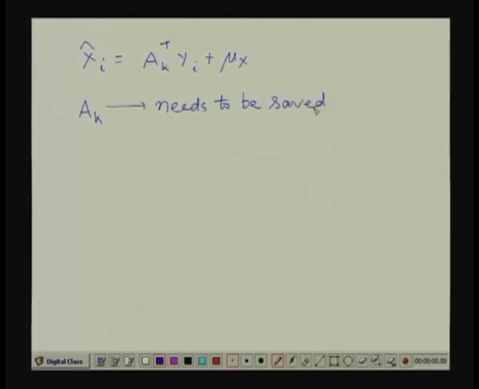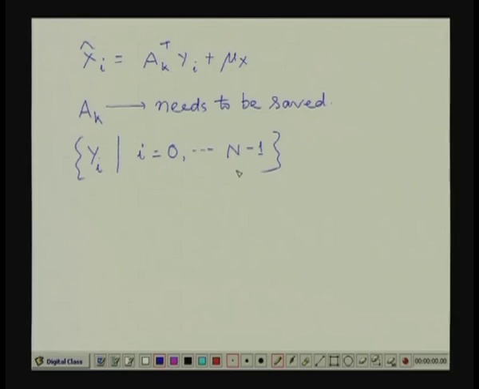And the other information that you have to save is the transformed matrix, or the set of transformed vectors y_i for i equal to 0 to capital N minus 1.